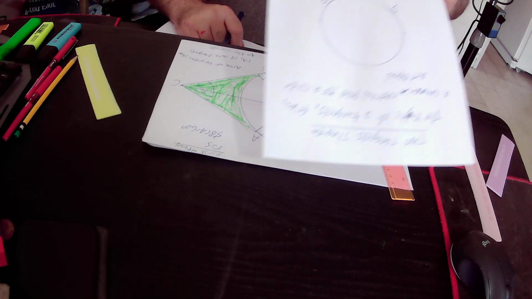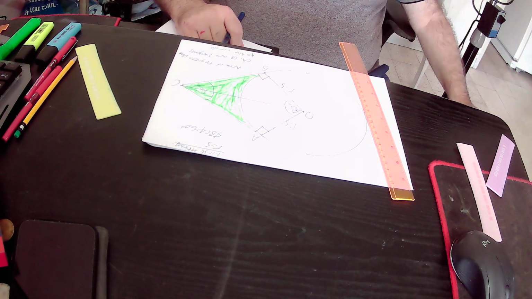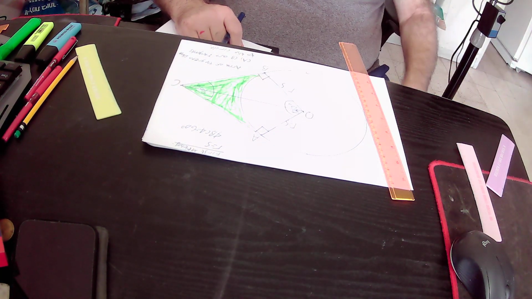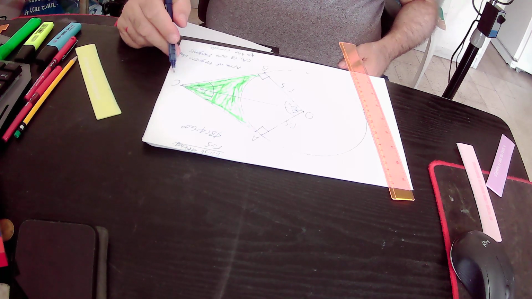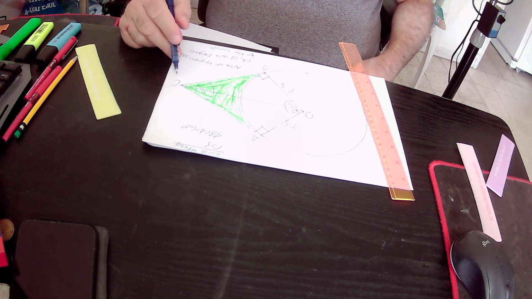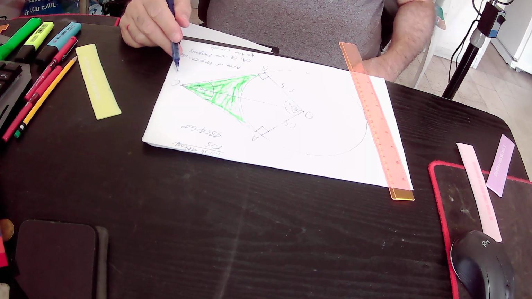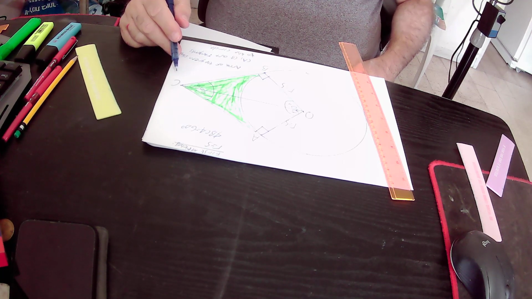So according to this rule, in the drawing we have a common external point, point C, and from point C we draw two tangents.